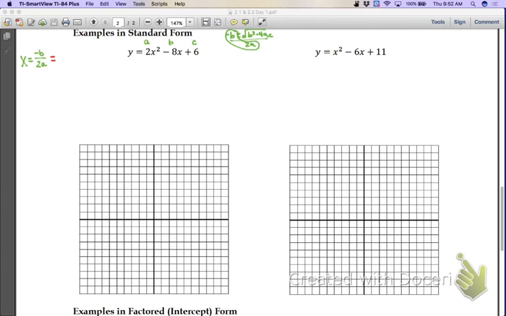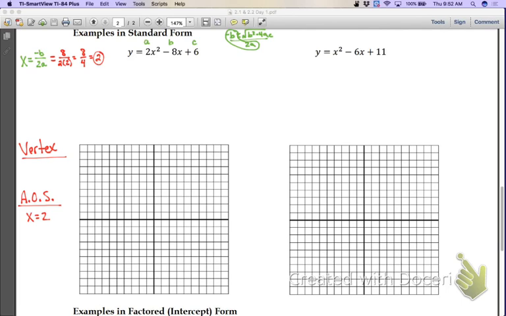So I have 8 over 2 times 2. So what's 8 divided by 4? 2. So if I'm looking for my vertex or my axis of symmetry, my axis of symmetry is 2.